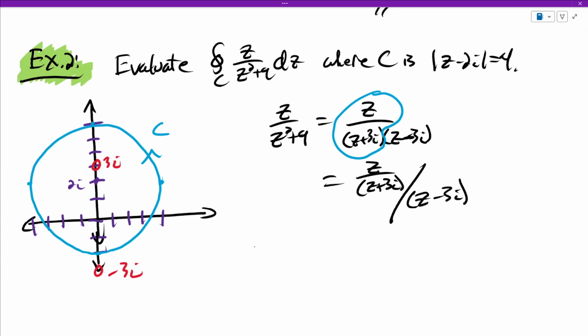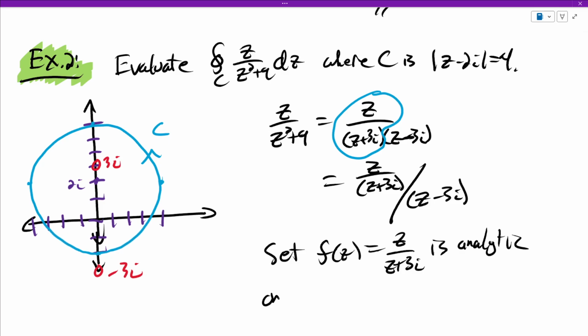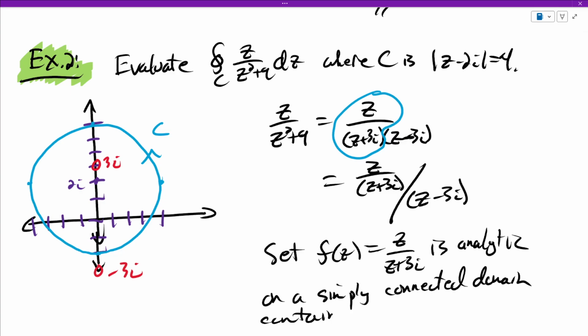Okay, so if we were to set f to be z over z plus 3i, this is analytic on a simply connected domain containing the singularity z equals 3i.